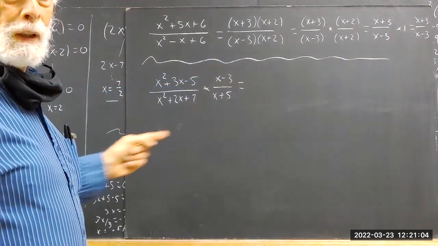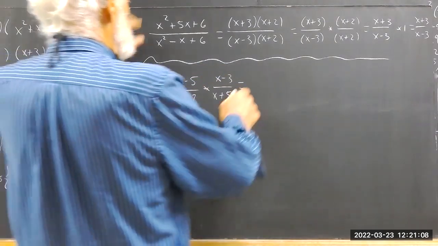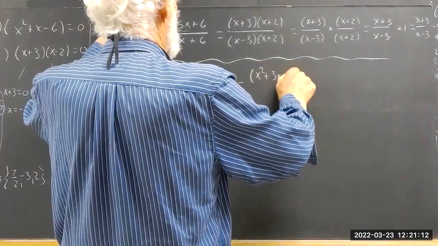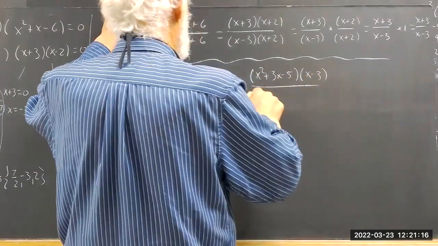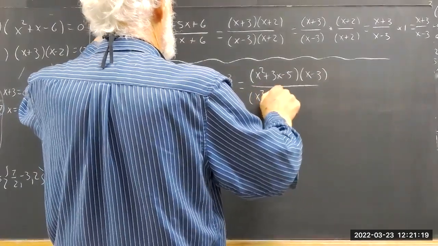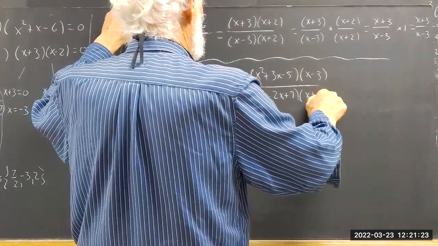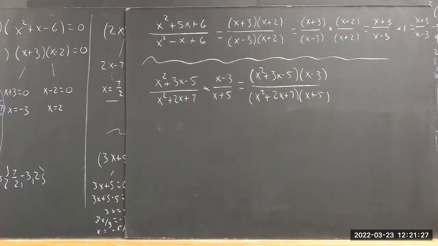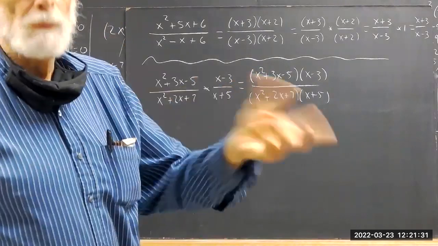Multiply the numerators and you multiply the denominators. And that gives you this. Okay? Now, at this point, you try to factor this and try to factor this. I don't think either one of them factors.